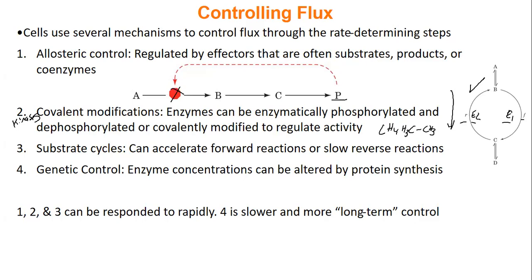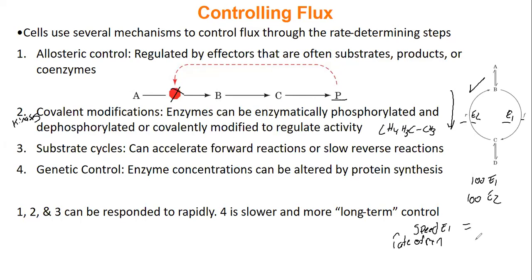So let's say, for example, you have 100 copies of enzyme 1 and 100 copies of enzyme 2. And they go at the same exact speed. So I guess I should stop using speed and say rate of reaction.